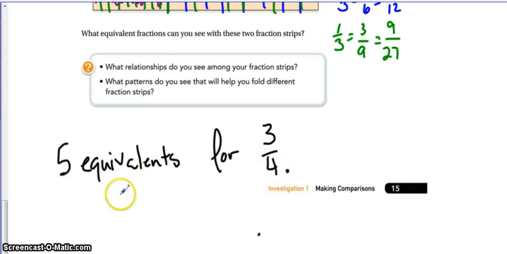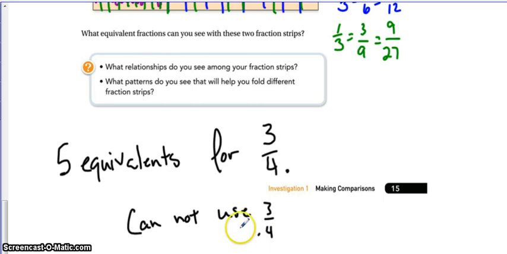And you cannot use 3/4. They have to be equal to 3/4, but without using 3/4. All right, I'm going to get rid of that little period right there so you don't think it's a decimal. Please watch it again if you need to. Come to class with 5 different equivalents for 3/4, and that way you can compare with your classmates.